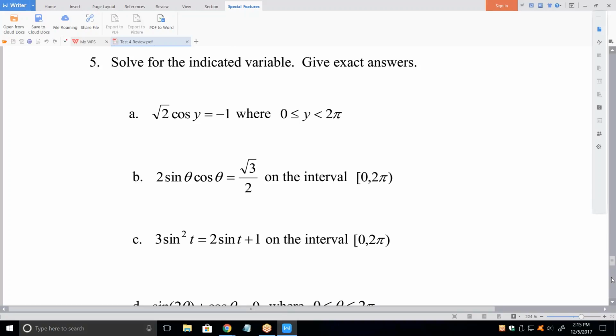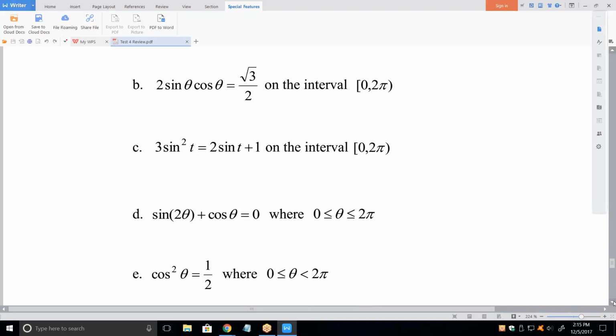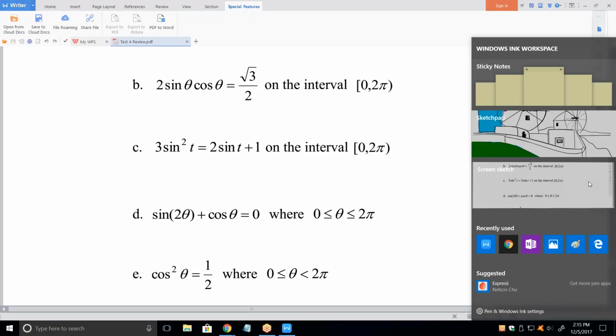I kind of remember doing A. I do not remember B. Let's do B just as a refresher, even if we did it.